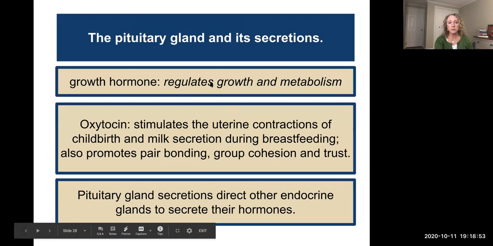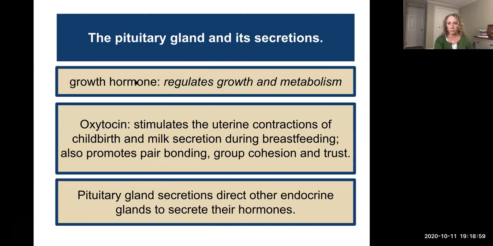Right, and the pituitary gland also has growth hormone, and it regulates growth and metabolism. When we talk about the growth hormone, it absolutely is involved in growth and actual height and things like that. But they also found that the growth hormone might be involved with aging and stuff like that. And then, like we said, metabolism.